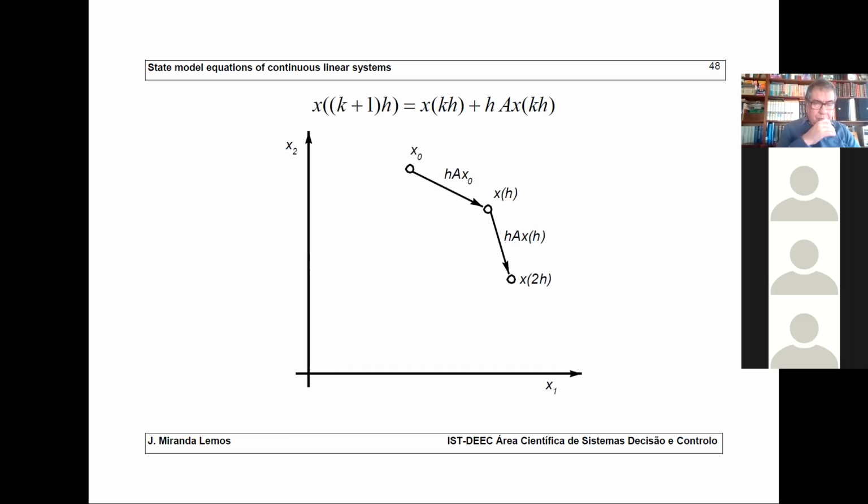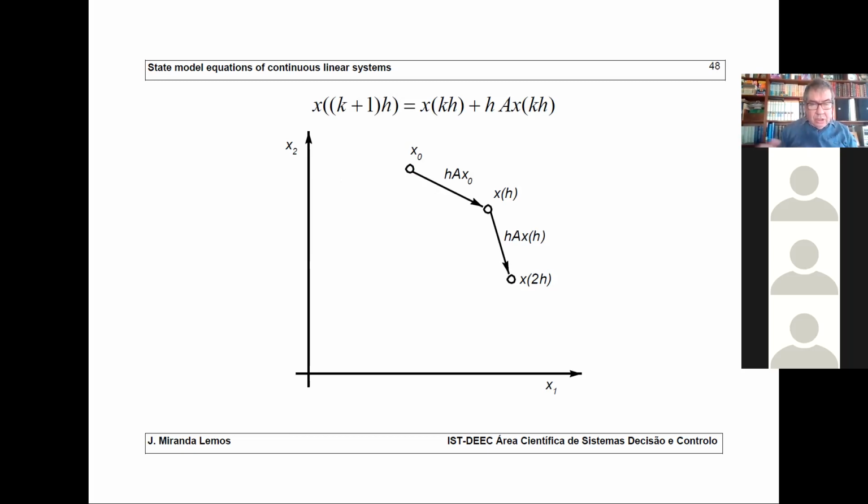Now, my interest is not really in solving numerically the equation. It's to let you understand one thing. So you pick up an initial condition. You are in state space. Suppose that you only have two state variables. If it is a three variable system, then this would be in 3D space.